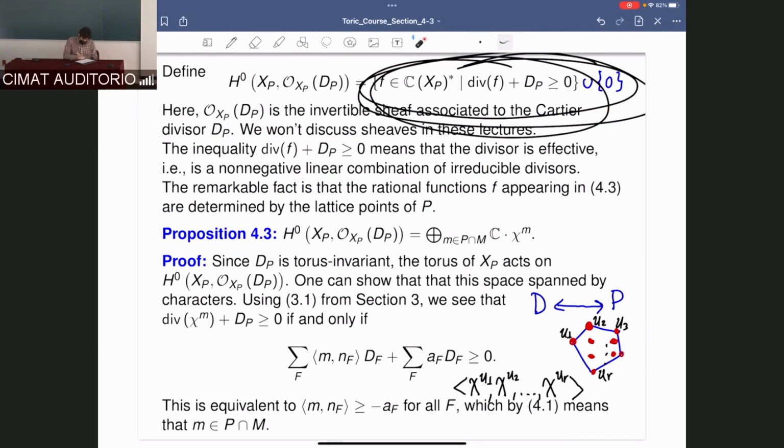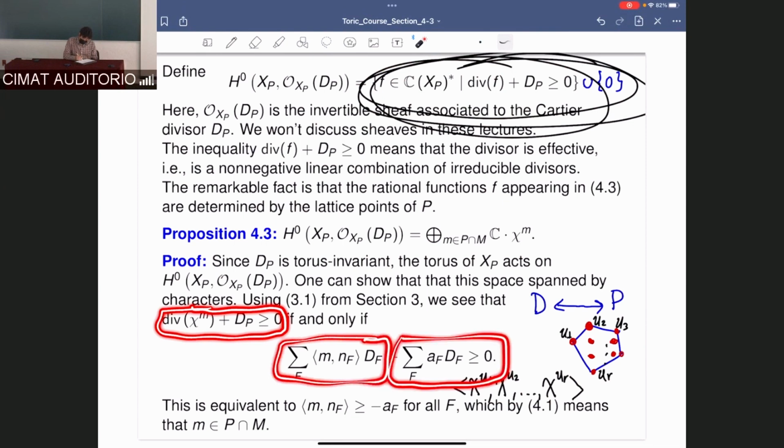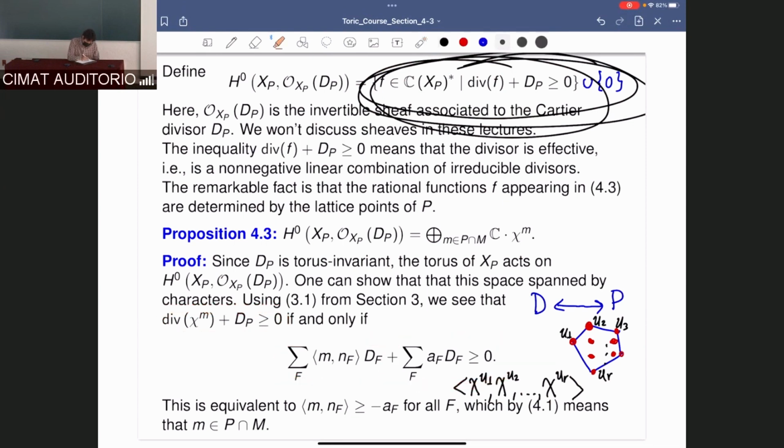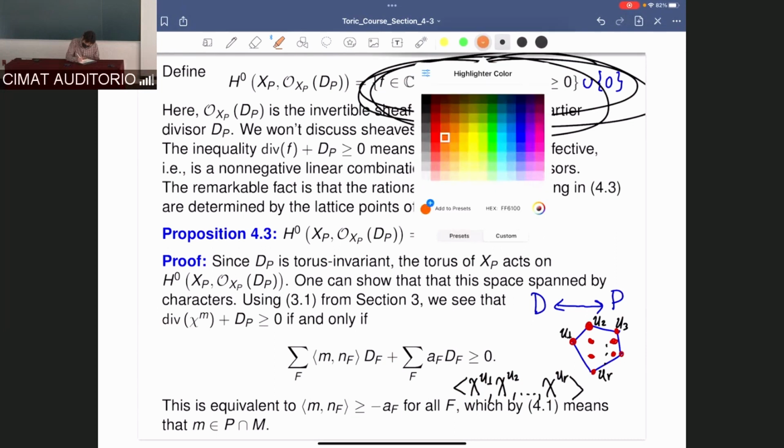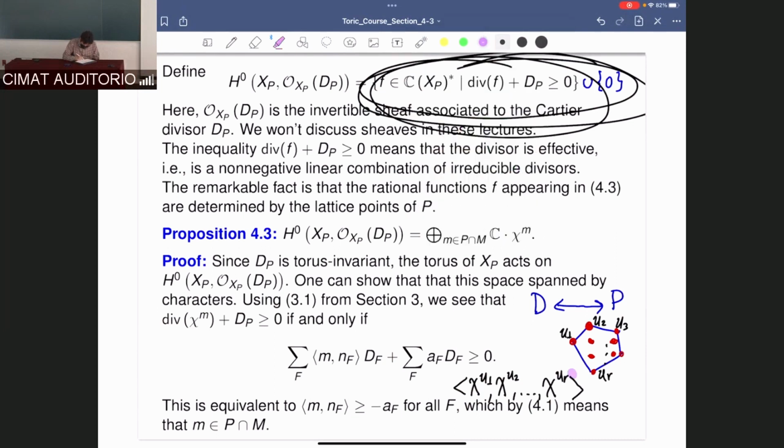And then after that, one just checks which chi to the u's satisfy the inequality. That becomes this sum greater or equal than 0. So that becomes, let me write it with some color, looking at this guy plus this guy greater or equal than 0. That becomes this thing. And you see, that's for free from the polytope.